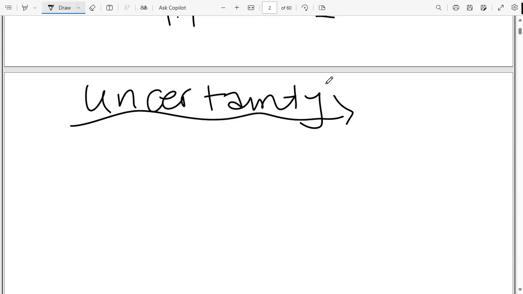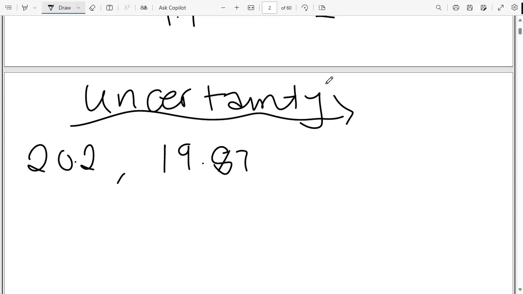So let's say you are taking measurements. You take the first measurement, and maybe it's 20.2. You take the second measurement, and maybe it's 19.87, or 19.89, 20.21.